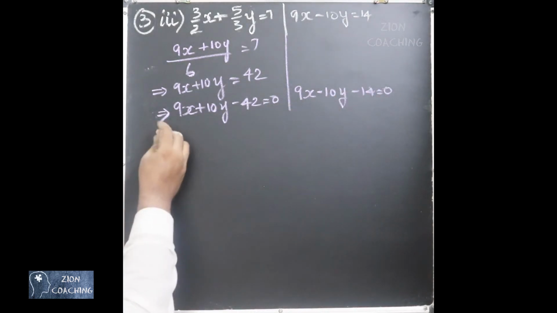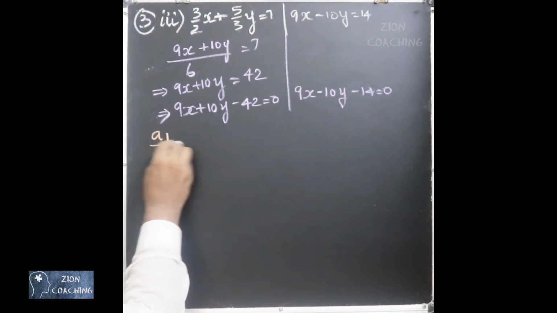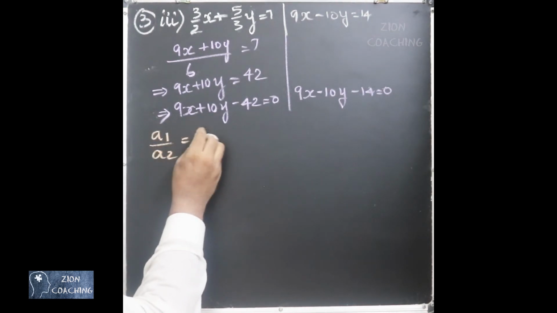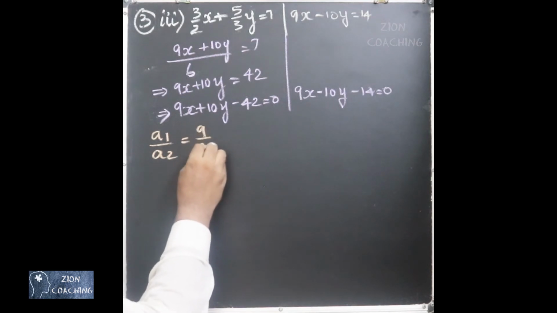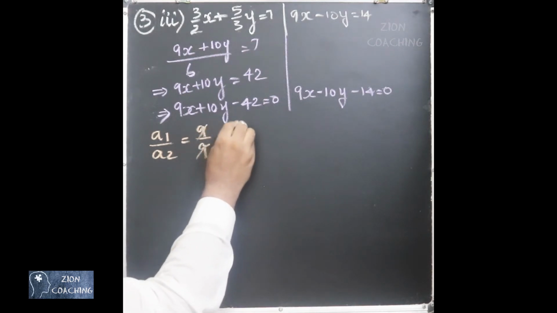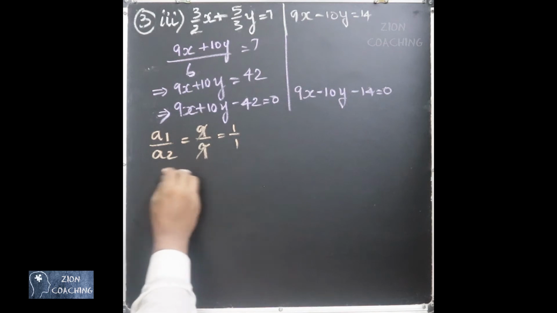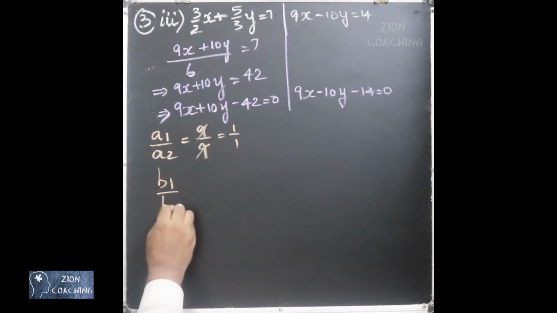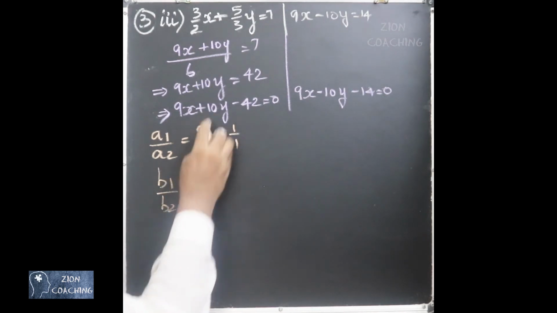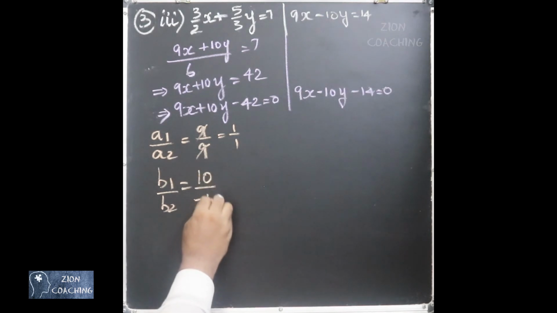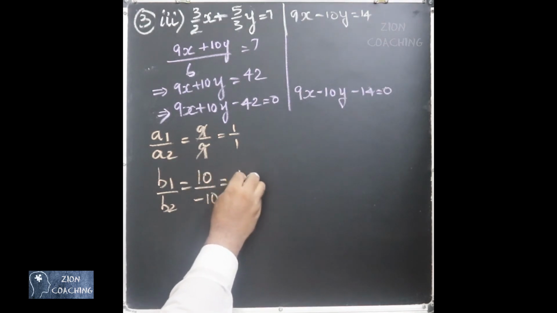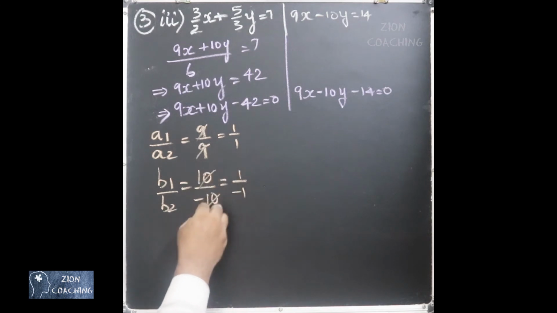Now a1 by a2 is equal to 9 by 9, that is nothing but 1 by 1. b1 by b2 equal to 10 by minus 10, which is 1 by minus 1.